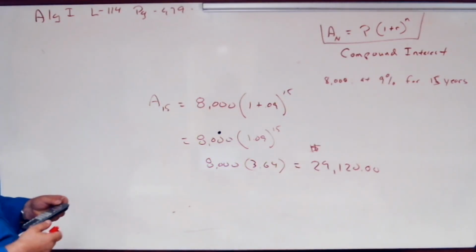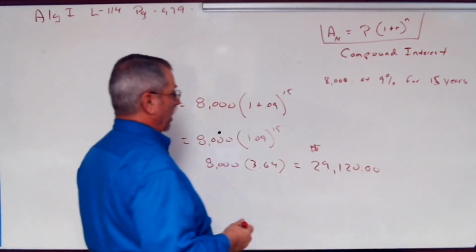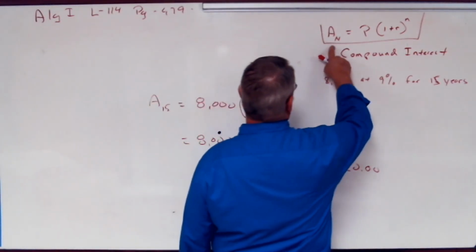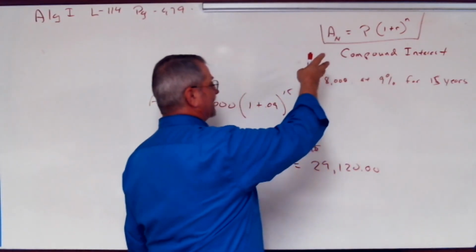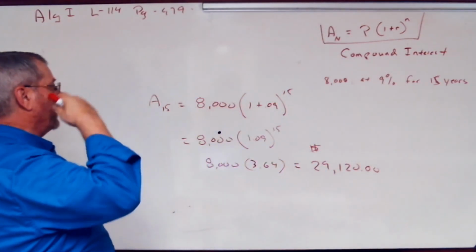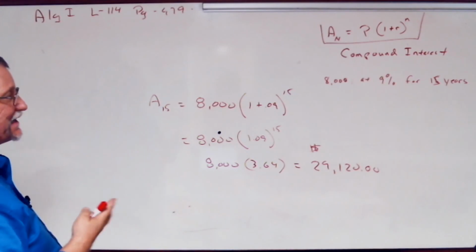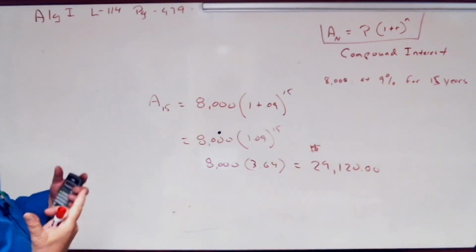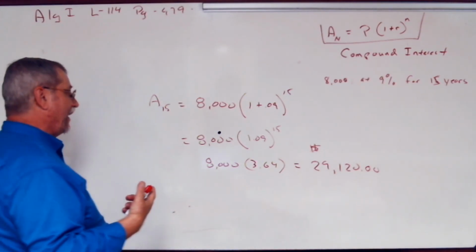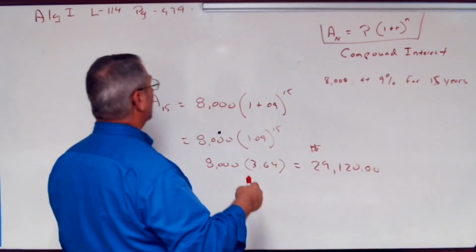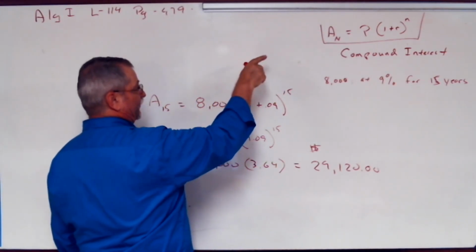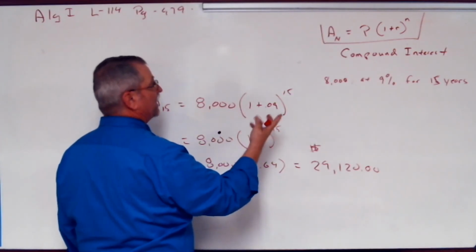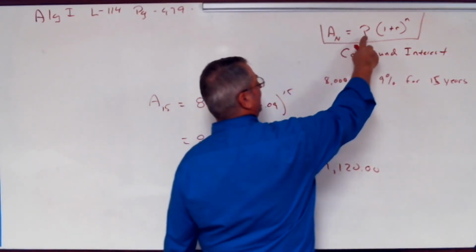Okay, I hope you guys get this. Now, listen to me. I would strongly suggest you write this down. If you text me or want to call me and say, I don't get how to do this problem because I don't know how to find the formula, I'm going to say, well, you know what? Watch the video, and I'm going to hang up because I'm giving you the formula for compound interest. The money goes right here.